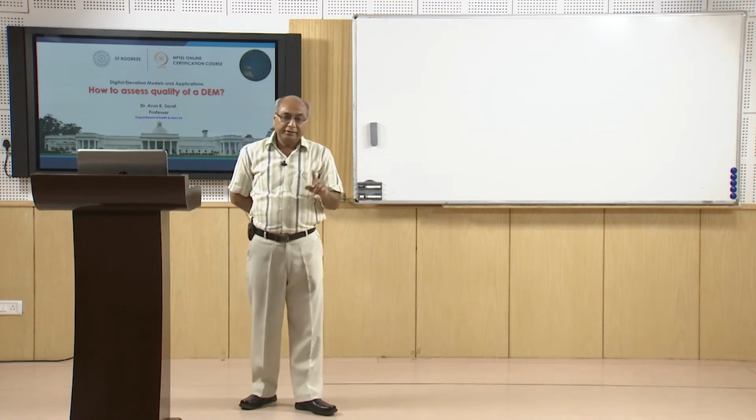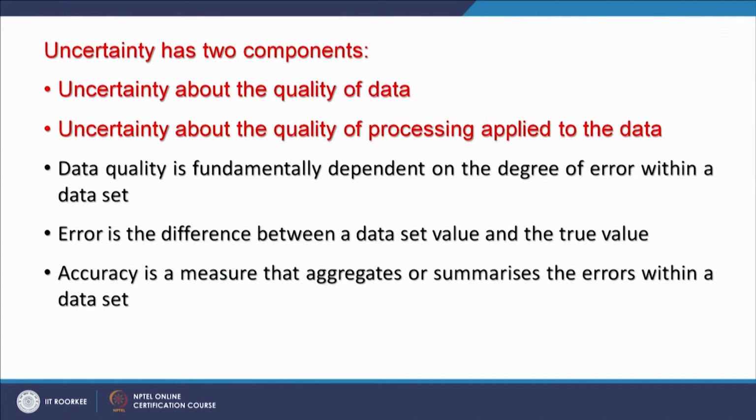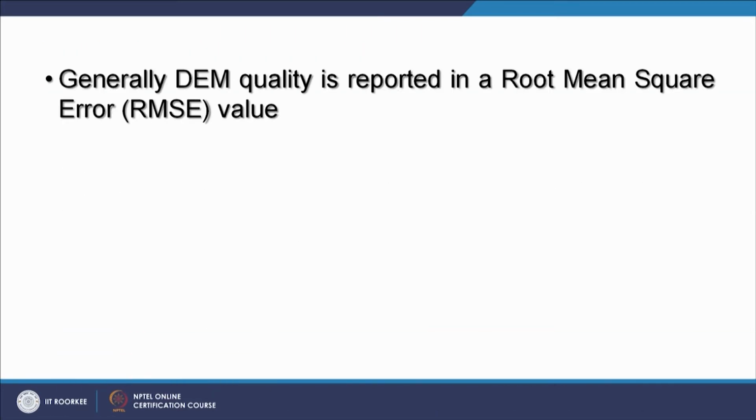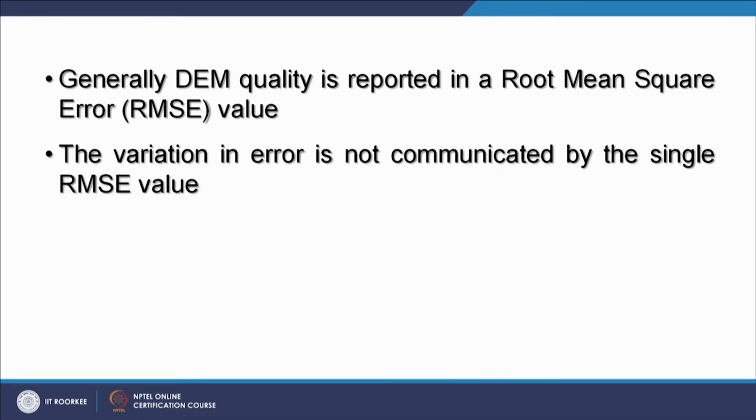Now the term which we used earlier in the previous lecture is accuracy, which is a measure that aggregates or summarizes the errors within the data set. So accuracy is a statistical statement. Remember this. Now generally DEM quality is reported as a root mean square error, or RMSE, value, and the variation in error is not communicated by a single RMSE value.